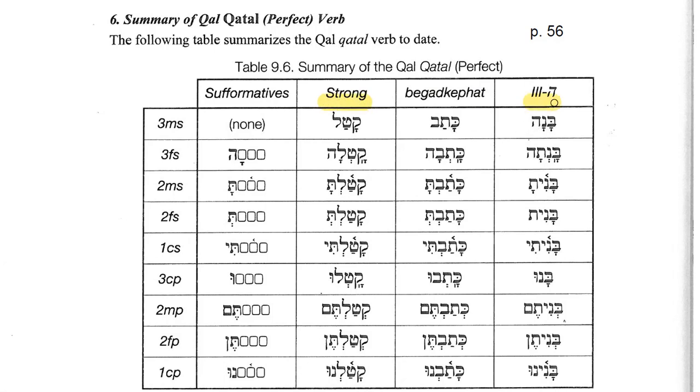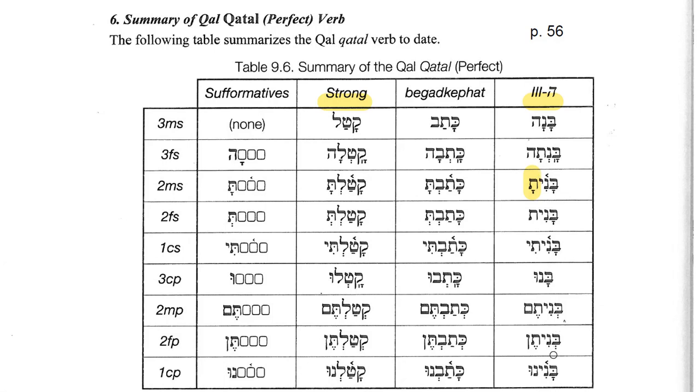We're going to look at three-hey verbs. Now we saw the ta, and there it is. There's the ta ending. We also saw the yod, and there's that yod. So this tells us that we're looking at second masculine singular, and it's a three-hey verb. What this means is that the third letter of the root is hey.